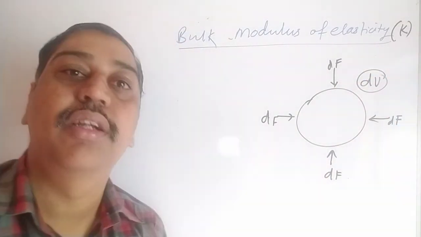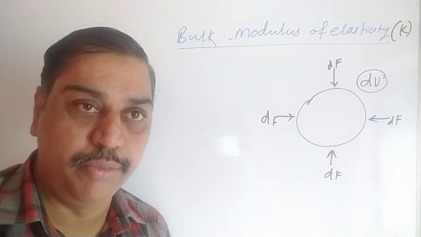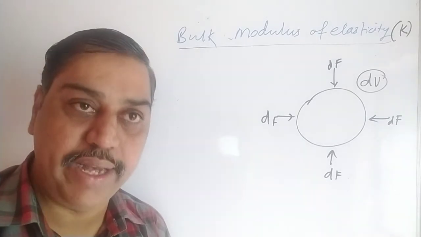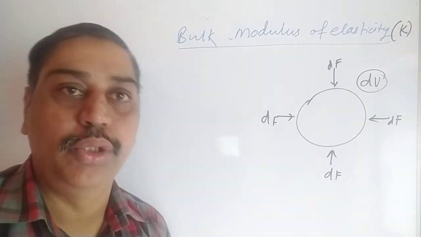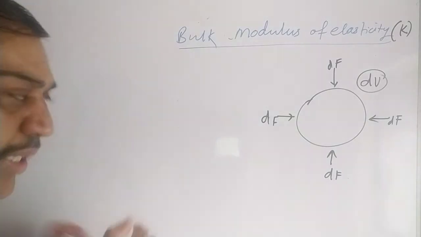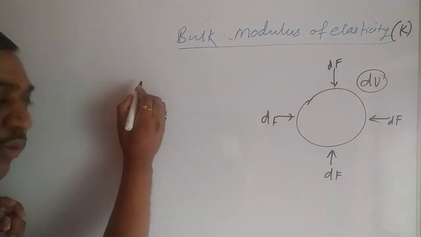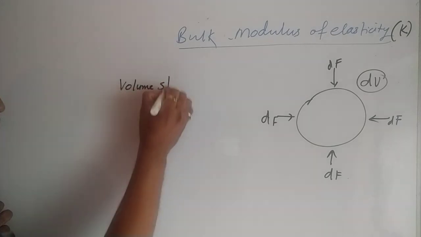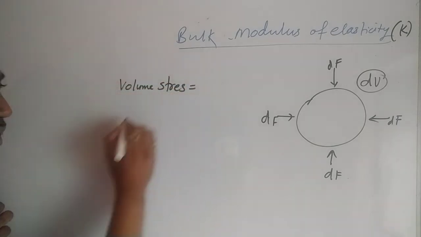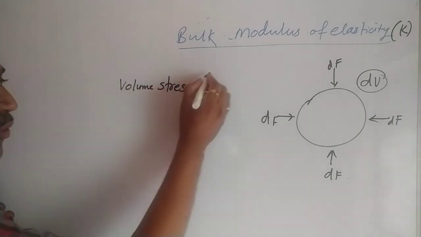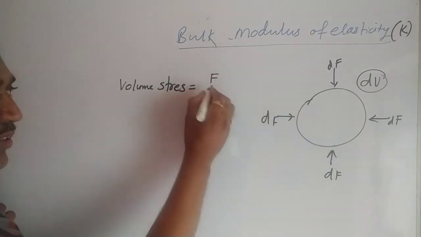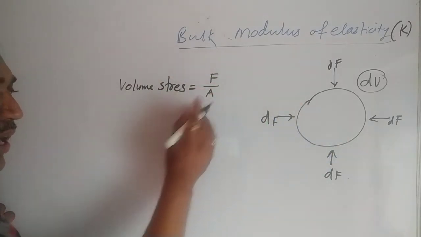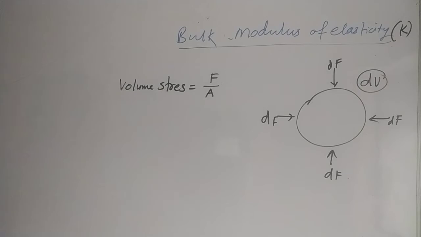Now here again, we have to find out first the volume stress, then the volume strain, then take the ratio, and you get the bulk modulus. So let's start here first. First of all, what do we have to find out? Volume stress. Volume stress is equal to what? Force applied divided by area.